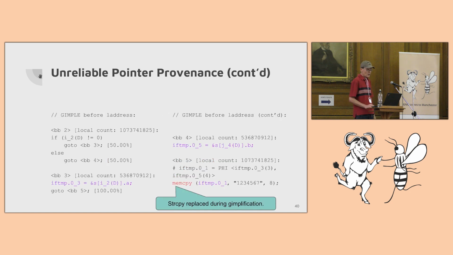Yet the warning is missing, and here you can see the GIMPLE that illustrates why. The GIMPLE before the ladder pass runs does have the provenance captured here, so we can still determine the size of the referenced array, and at this point we can still determine that a buffer overflow occurs.